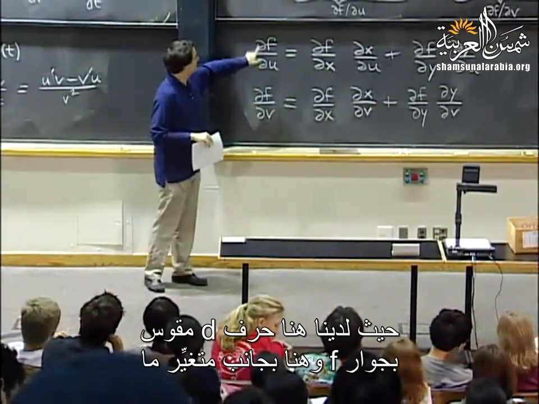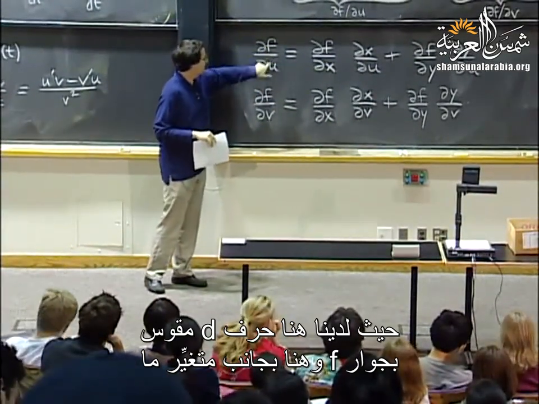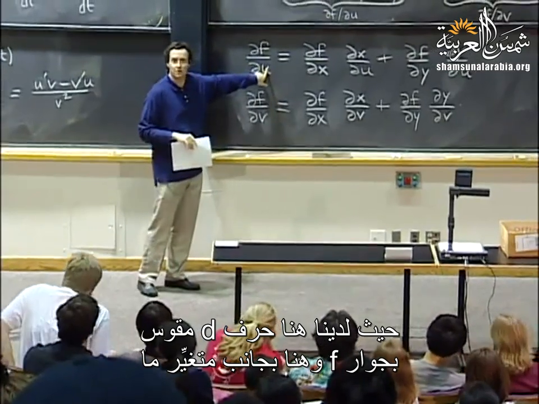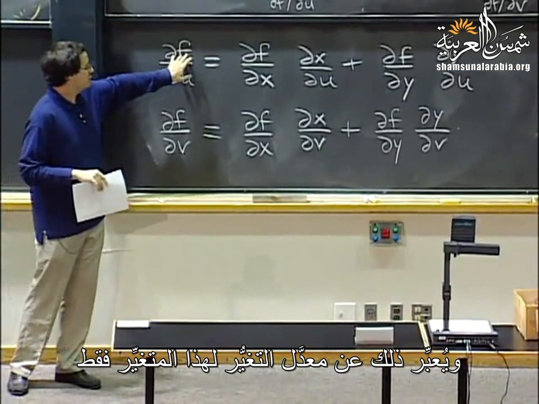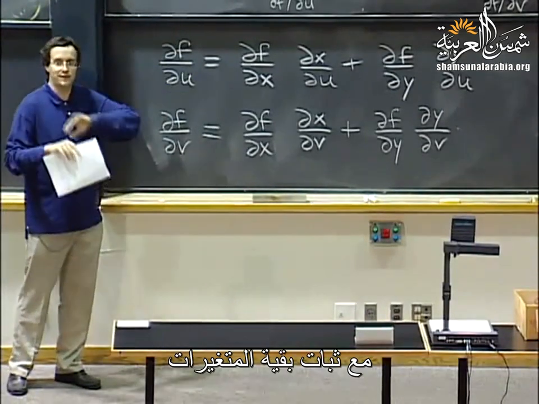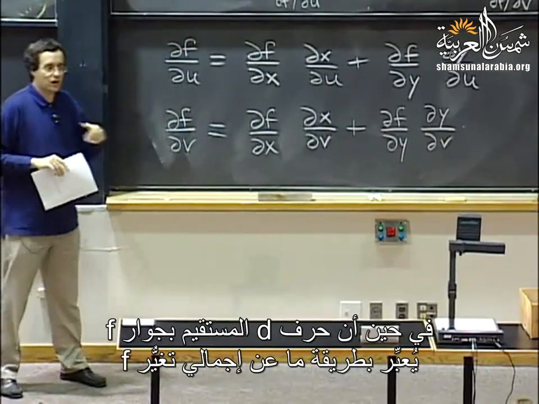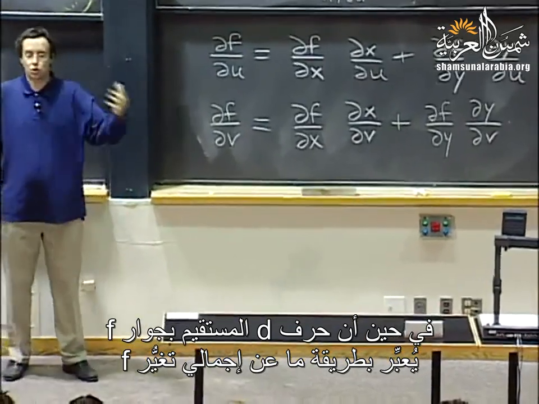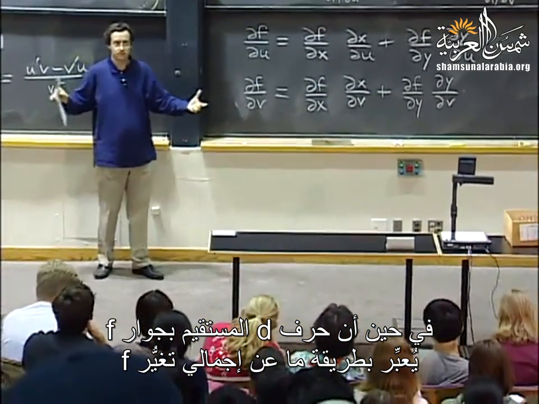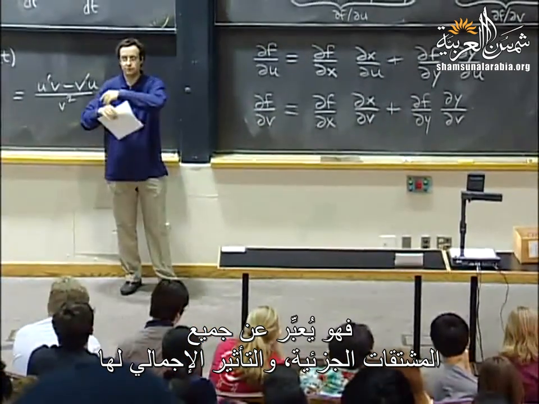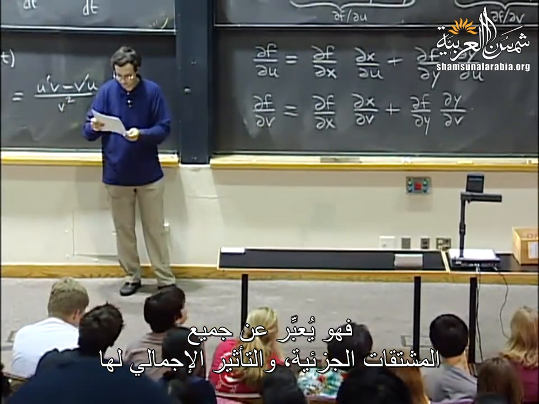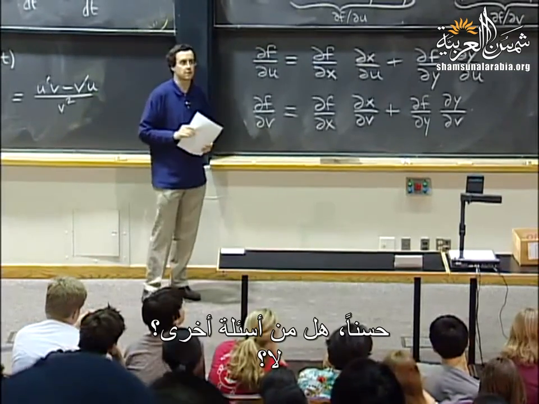What exists is only curly d f over curly d some variable. And that accounts only for the rate of change with respect to that variable, leaving the others fixed. While straight df is somehow a total variation of f, and so it accounts for all of the partial derivatives and their combined effects. Okay.